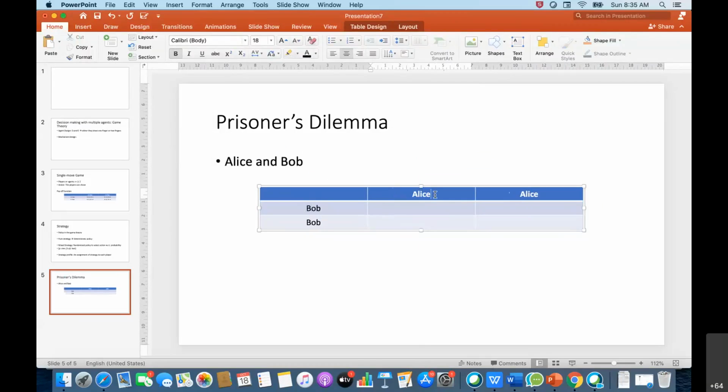Either she can testify that yes, Bob has done the crime, or she can refuse, saying no, Bob has not done the crime. So she is given two options: testify or refuse. Similarly, Bob is also given two options.